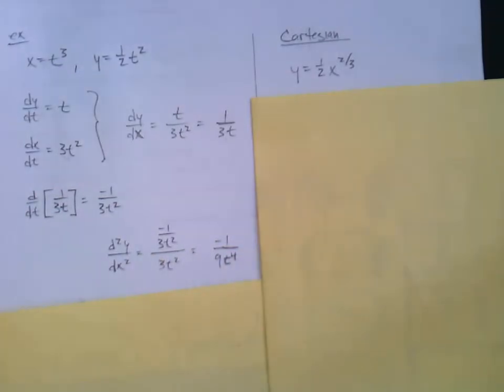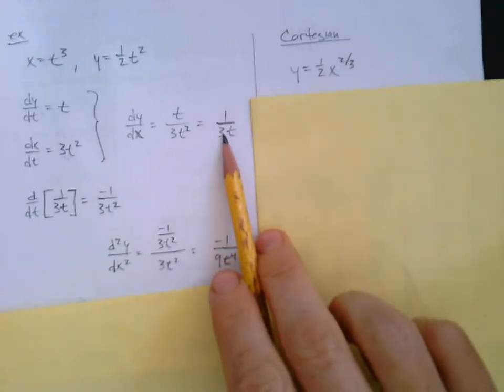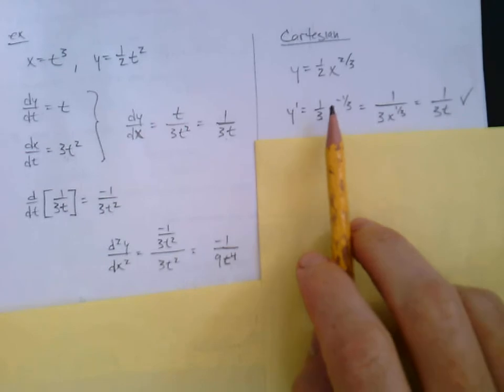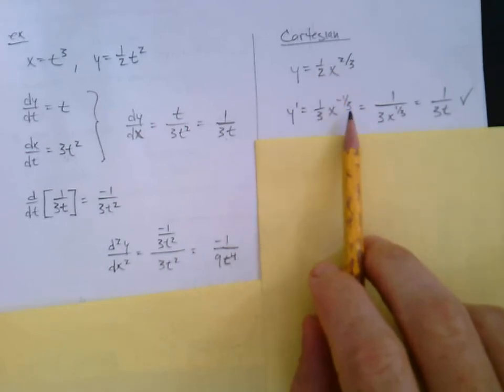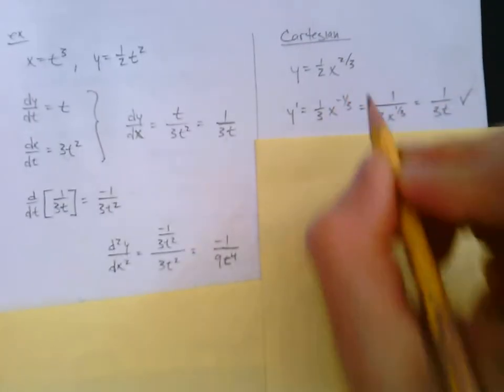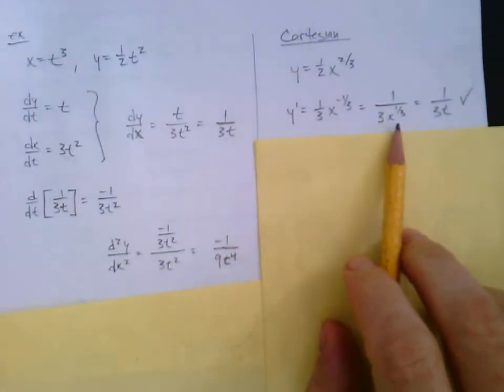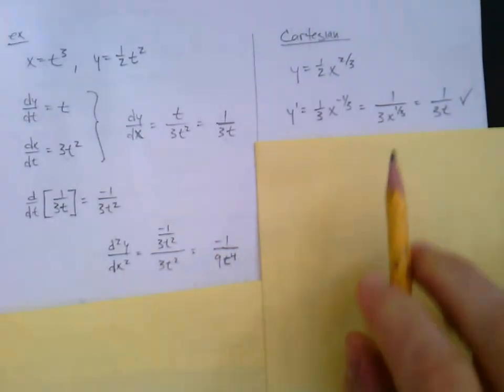Maybe you remember that. So let's take this derivative and just compare here, okay? So doing the derivative the way we're used to, multiply the 2/3 down, okay, 1/3 x to the negative 1/3. Think of that as 1 over 3 x to the 1/3 in the denominator.